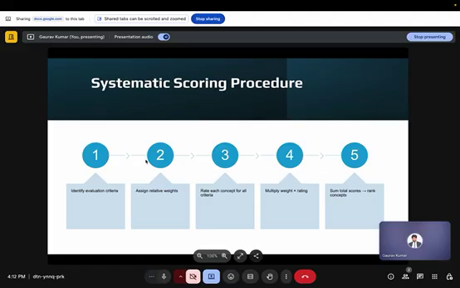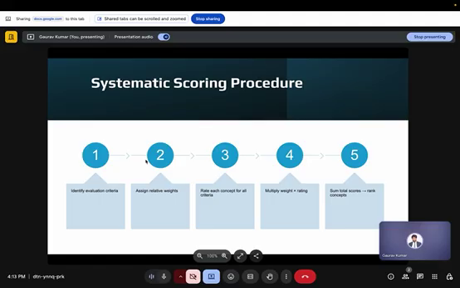So this systematic approach transforms subjective impressions into quantifiable data, enabling traceable and repeatable decisions. The procedure ensures that even when team members have different viewpoints, the outcome remains logically defensible.